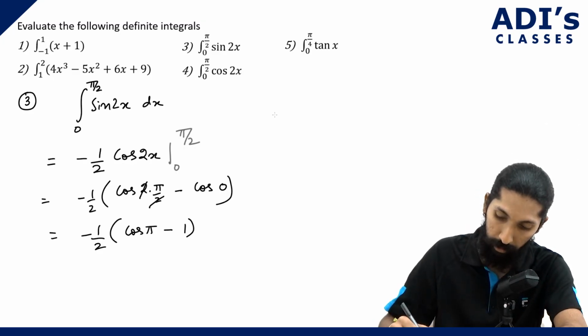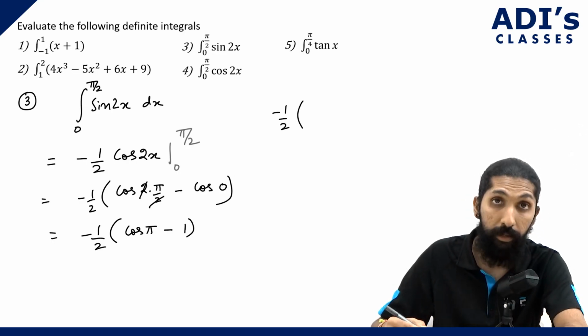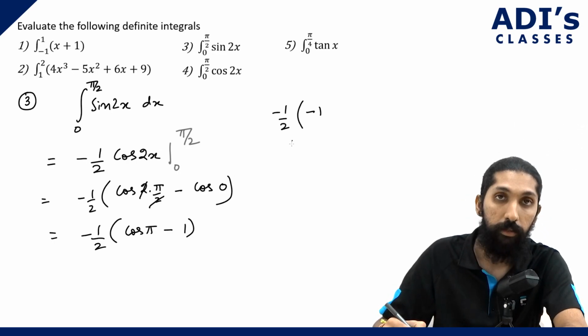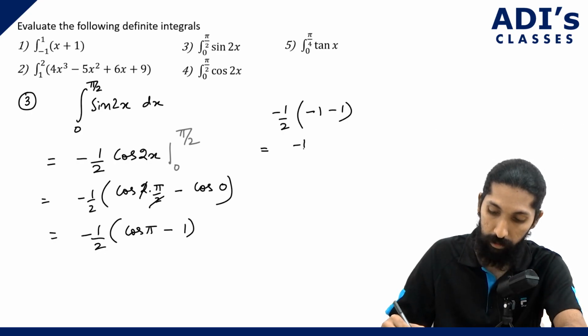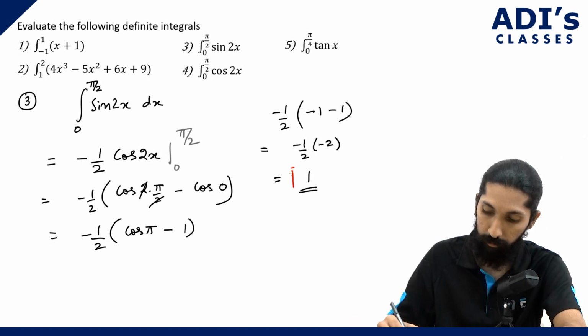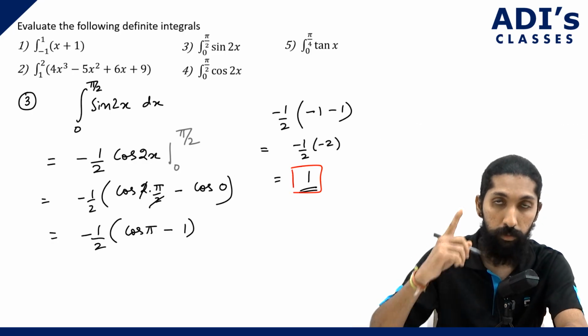This becomes minus half into, what is cos of pi? Cos of 180 is minus 1, isn't it? Minus 1, minus 1. See, minus half into minus 2, the answer becomes 1. That's all. The answer is 1. So the answer for the third one is 1.